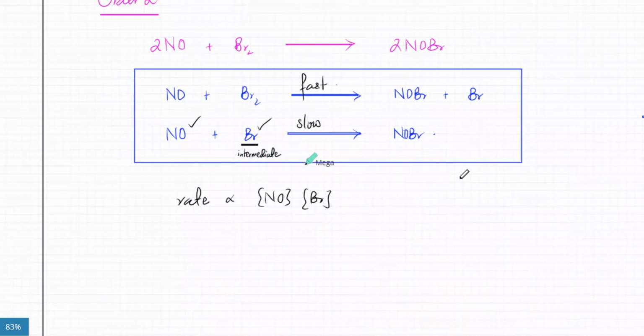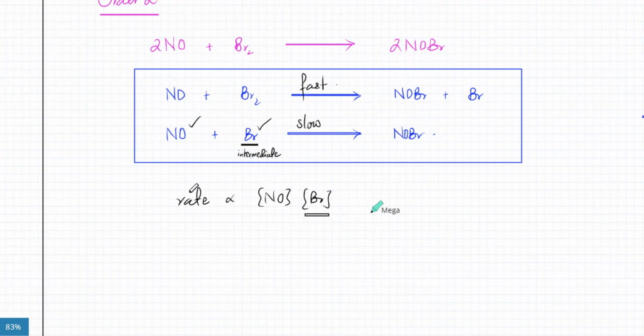So when I say that the rate of the reaction depends on the concentration of Br, what I indirectly mean is that Br itself is dependent on the concentration of NO and Br2, because Br was made in the previous step. If the concentration of NO and Br2 is high, then the concentration of Br would be high. If the concentration of NO and Br2 is low, then the concentration of Br produced would also be low.